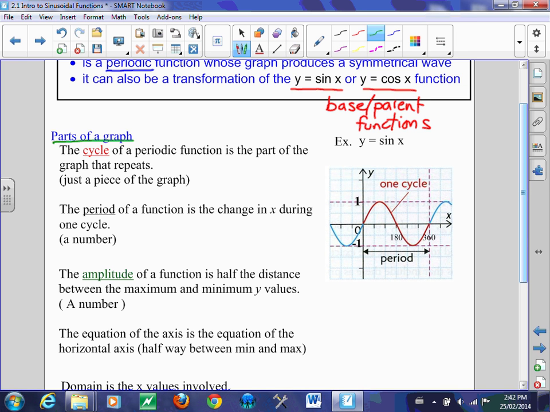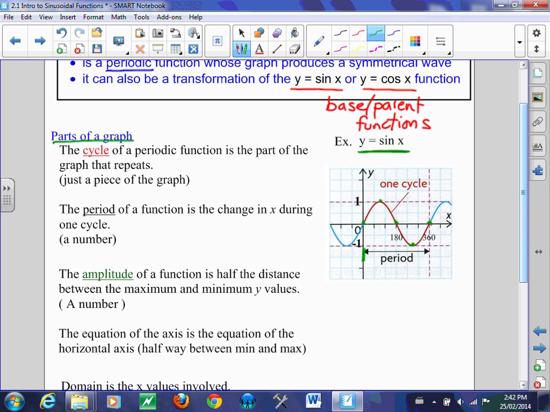So, parts of a graph. Taking a look, the cycle of a periodic function is the part of the graph that repeats. So it's just a piece. Notice here, this is an example of the sine x curve. It starts at its axis, goes up to its max, back down to its axis, then to its minimum, back to its axis. That is what we call one cycle. The period is how long it takes to complete one cycle.